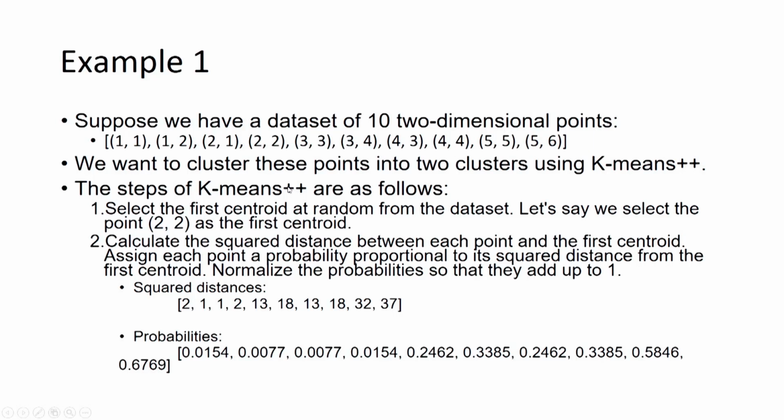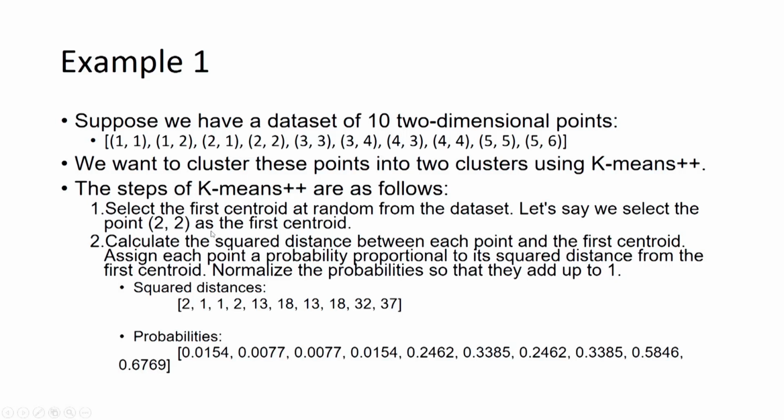In k-means plus plus, the first centroid we take randomly. In k-means, both centroids can be chosen randomly, while here only the first centroid is chosen randomly from the data set, and suppose the randomly chosen data point is this one, 2 2.